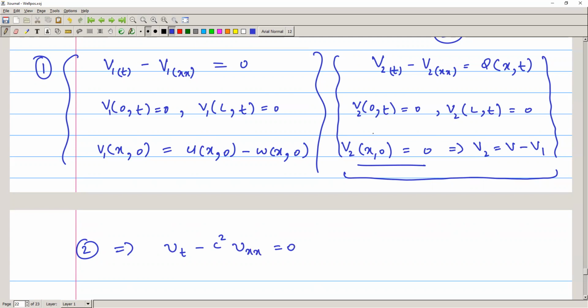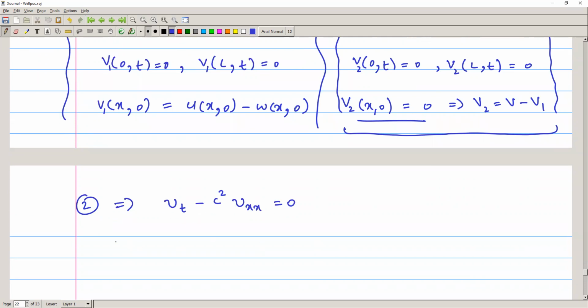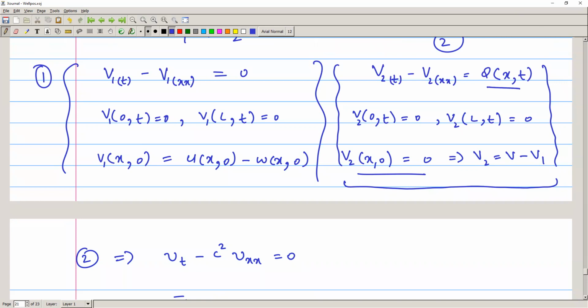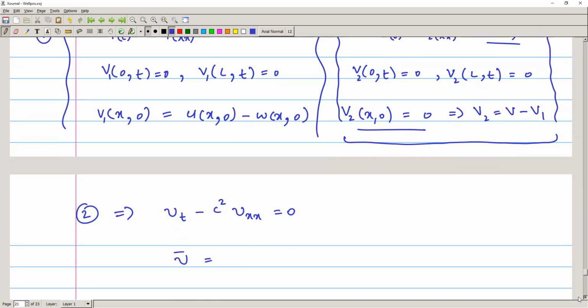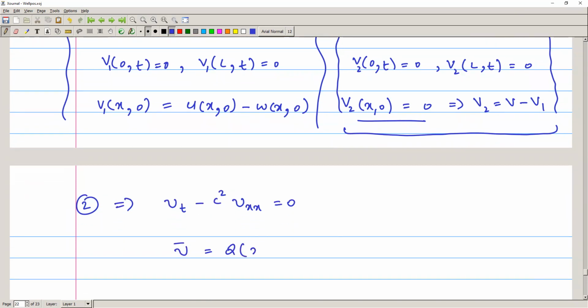We are actually transforming this equation, and the boundary conditions will be 0. So we are not concerned with the boundary conditions in this equation. We only need the initial condition. The initial condition will be, from this q(x,t), q(x,s). So we can write the initial condition in this way, and then we can solve the problem.